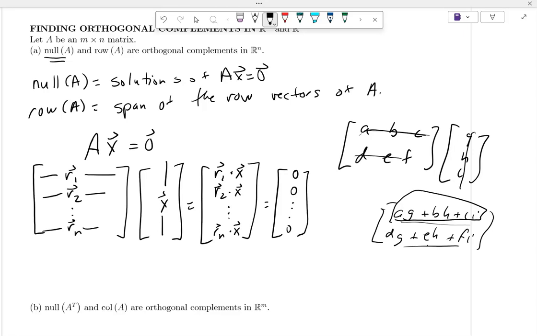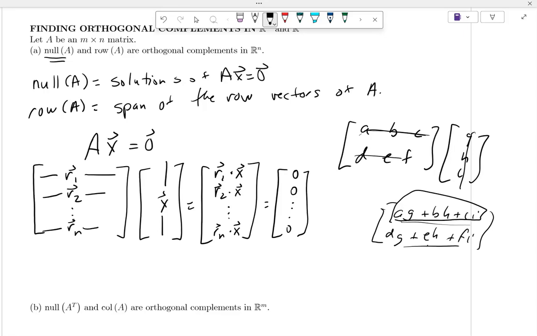They're orthogonal. R2 and X, orthogonal, and all the way down. So if X is a solution to my homogeneous system, then X is orthogonal to every single row.